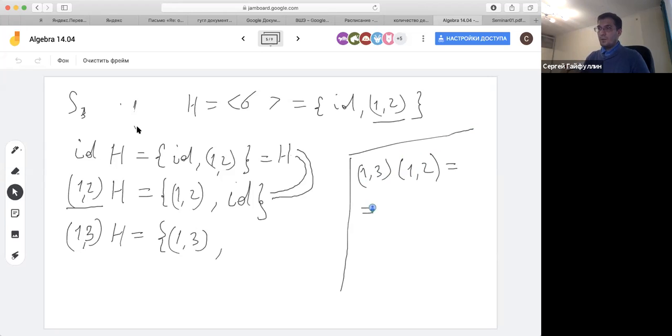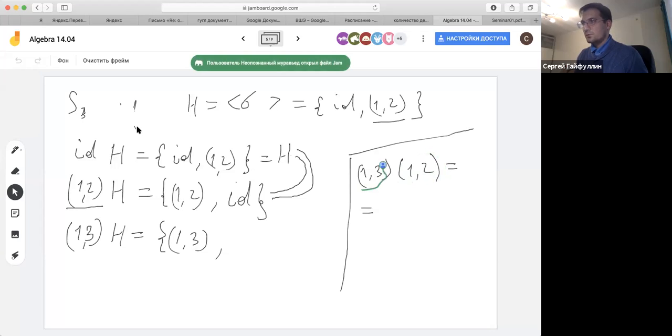To multiply permutations, I need not send them to the normal form. I just can multiply them by cycles. So let us think. First, we do the right permutation. So 1 goes to 2. And then in the left permutation, 2 goes to 2.